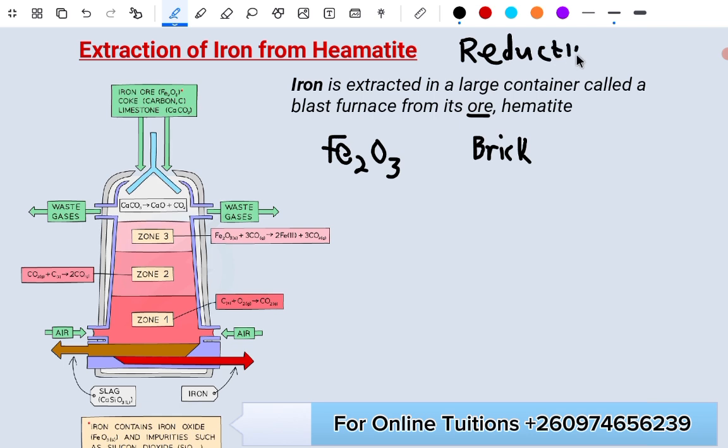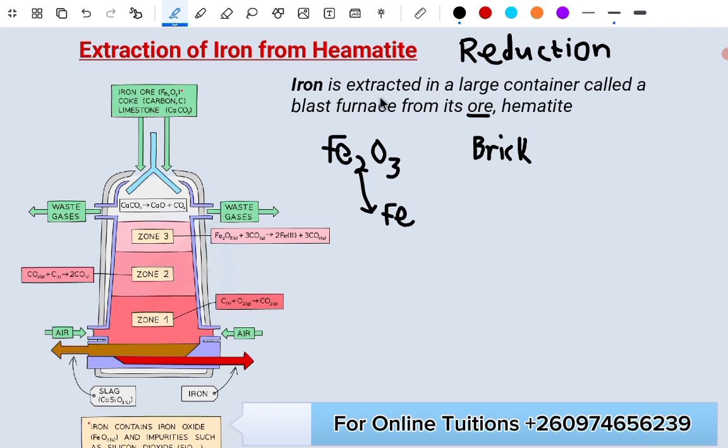We'll get to why we're calling it the reduction method. This is the iron ore, hematite, and we want to extract our iron from it. Everything will be done inside the blast furnace, the process called reduction.